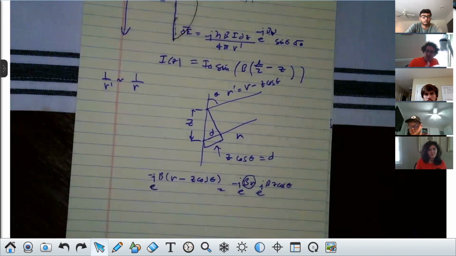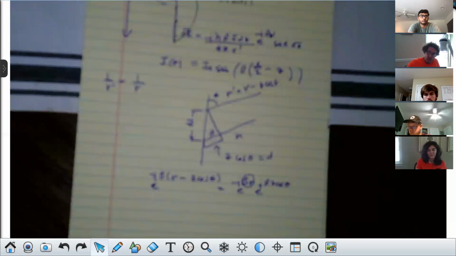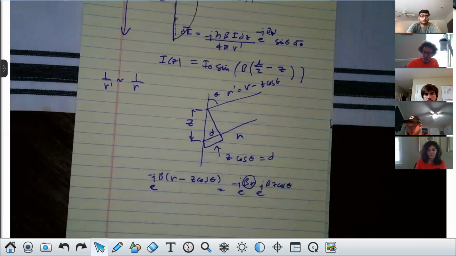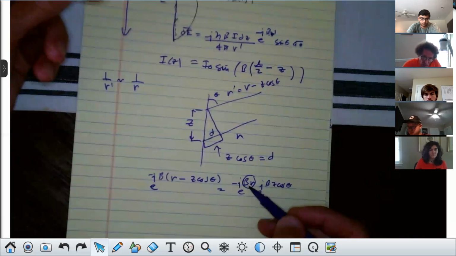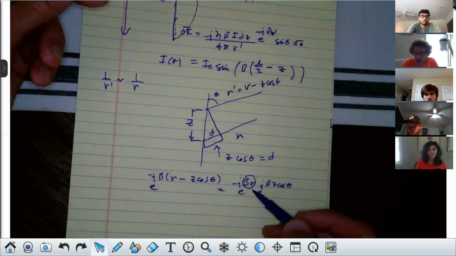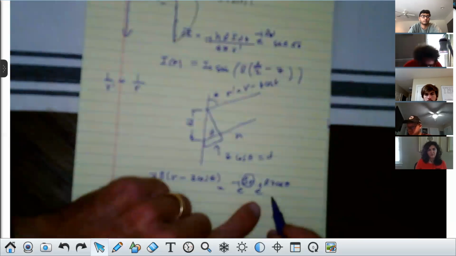It could be from 0 to 2 pi, but if it goes beyond 2 pi, then it goes from 2 pi to 4 pi, or beyond 4 pi to 6 pi, and so forth. If we want to know how many wavelengths away we are, we could take beta r, whatever that is, and divide by 2 pi. We may have 100, we may have 1,000,000, it doesn't matter. What matters is this, the small difference.